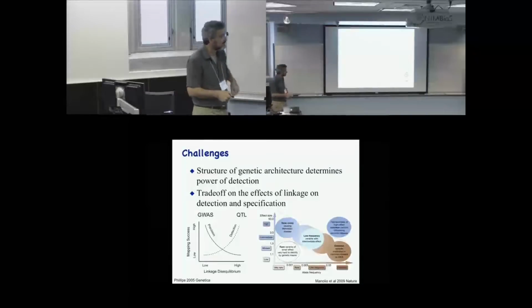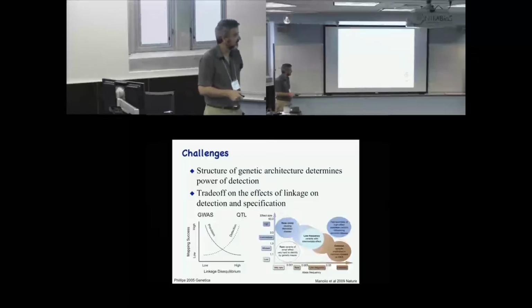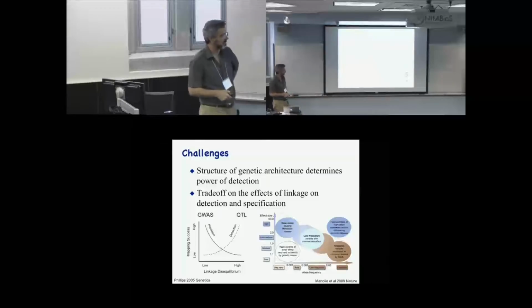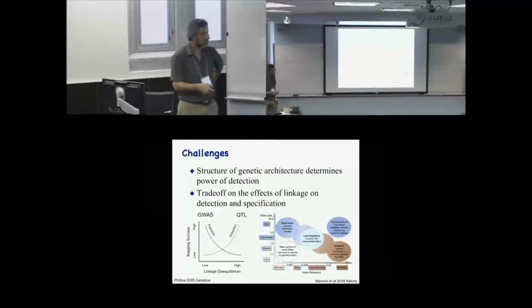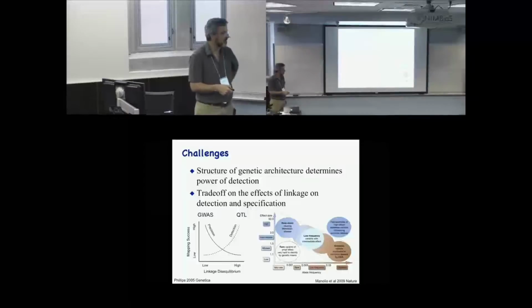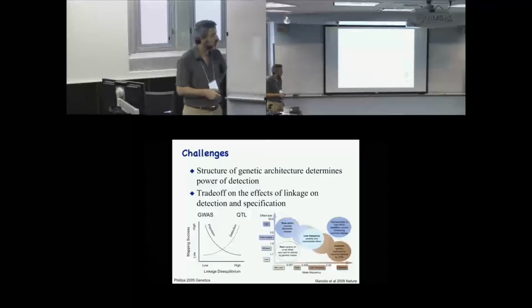So this is from this paper on missing heritability that talks about another element, which is what the allele frequency is that's segregating in the population. So effects that are at high frequency, especially in GWAS studies, are going to be easier to detect, and things that are very low frequency are going to be very hard to detect. So things that are at low frequency and have small effects are essentially impossible to detect in quantitative genetics.